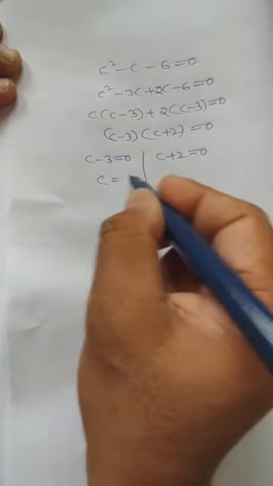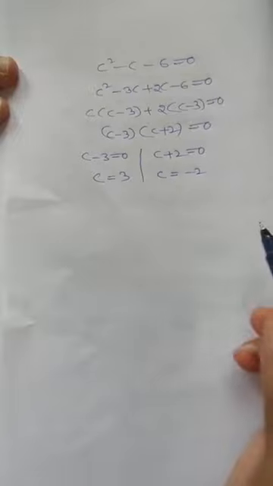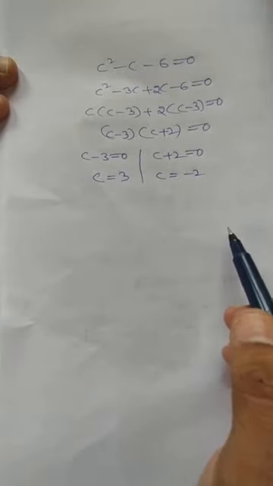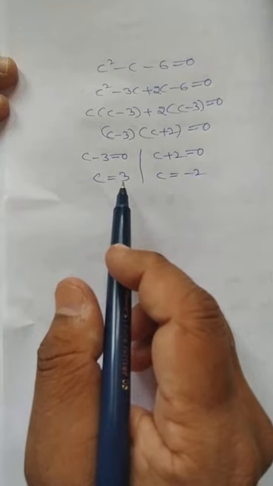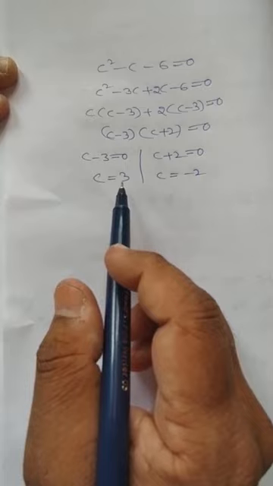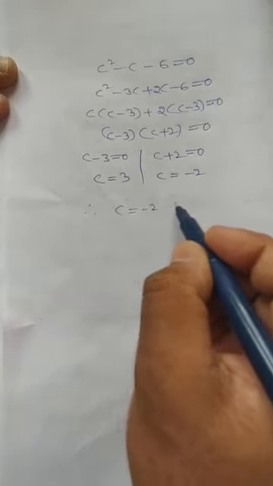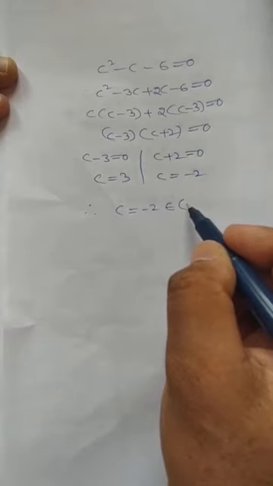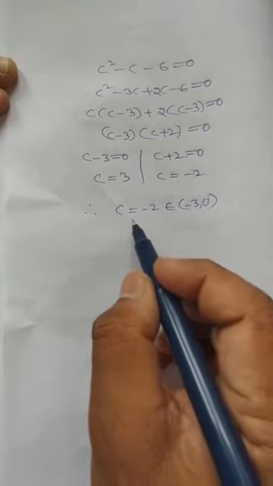So c is equal to what I got? 3, and c is equal to what I got here? Minus 2. So we have to pick the right value of c which we require. So c equal to 3 cannot lie in between minus 3 and 0, isn't it? So c equal to minus 2 lies in between minus 3 comma 0, isn't it or not? So our required c is what now?